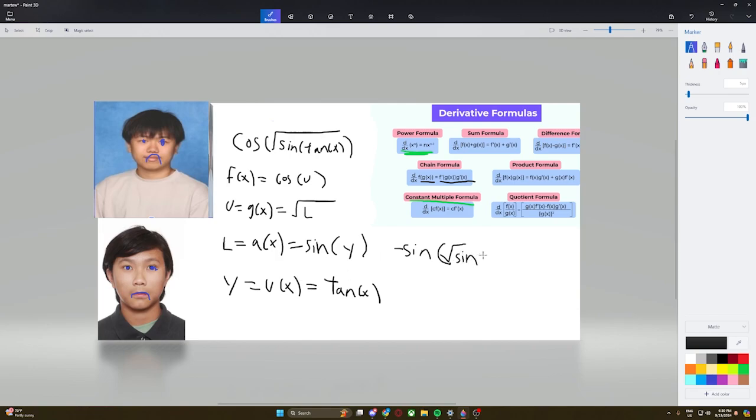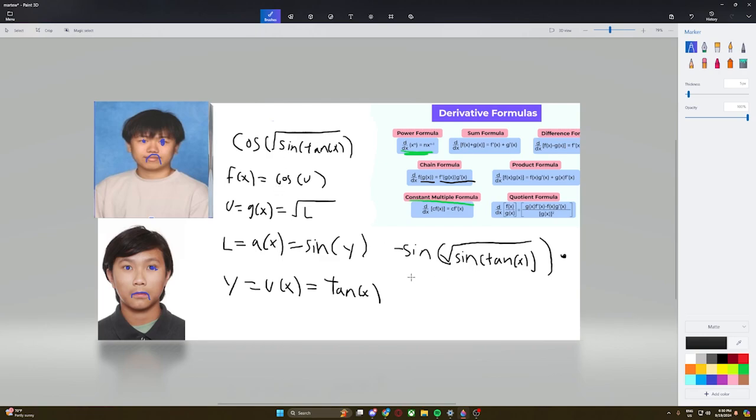Y is equal to tan of x. And then we're gonna multiply by g prime x.